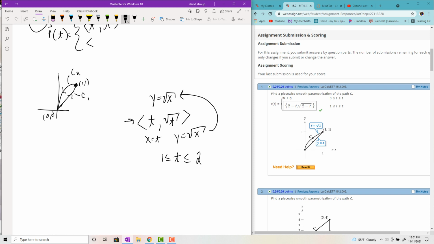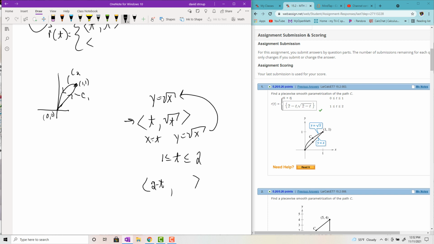So I need to remedy that situation as well, and you can fiddle around with it and maybe do some transformations like you did back in pre-calc, and you'll probably hit on it after a while. It's going to be something like 1 minus t, because that will start you at 1, so maybe 2 minus t.